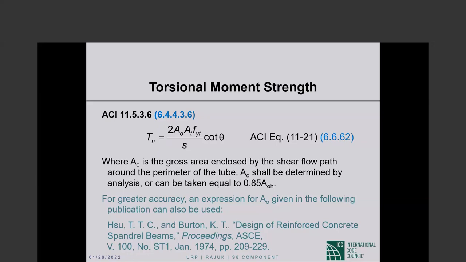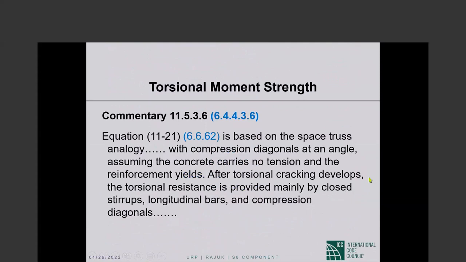And 85% of that is typically taken as A sub 0. 318 allows us to do that. If you want to analytically determine the A sub 0, then we have given you a reference that will enable you to do that.